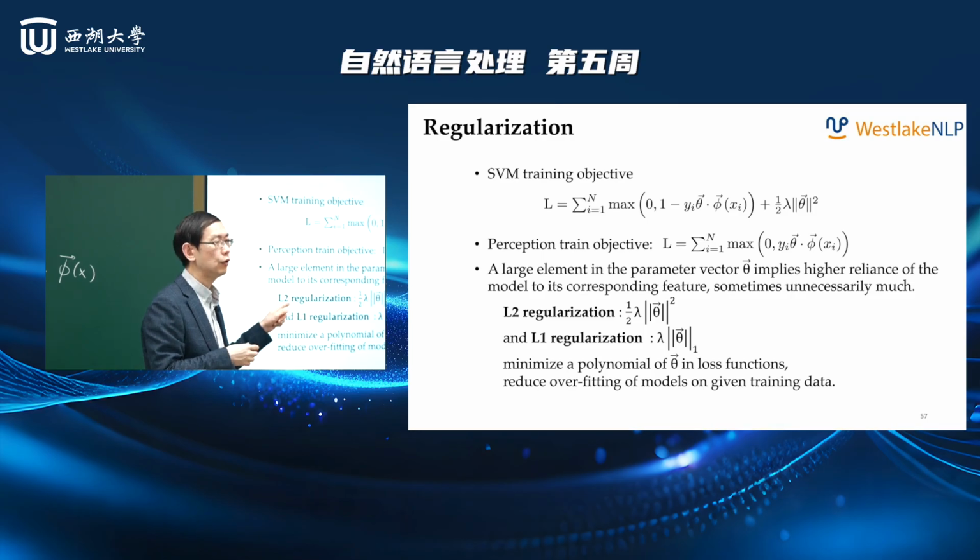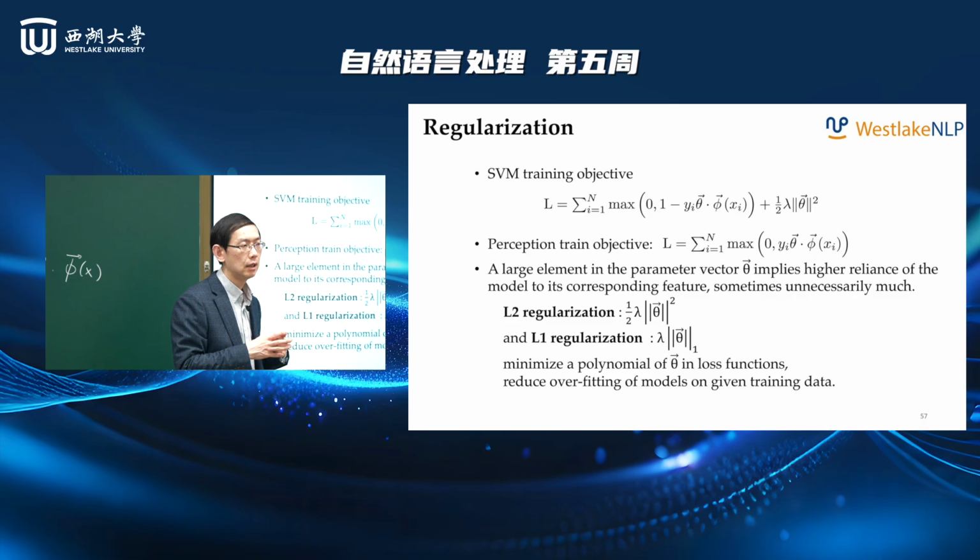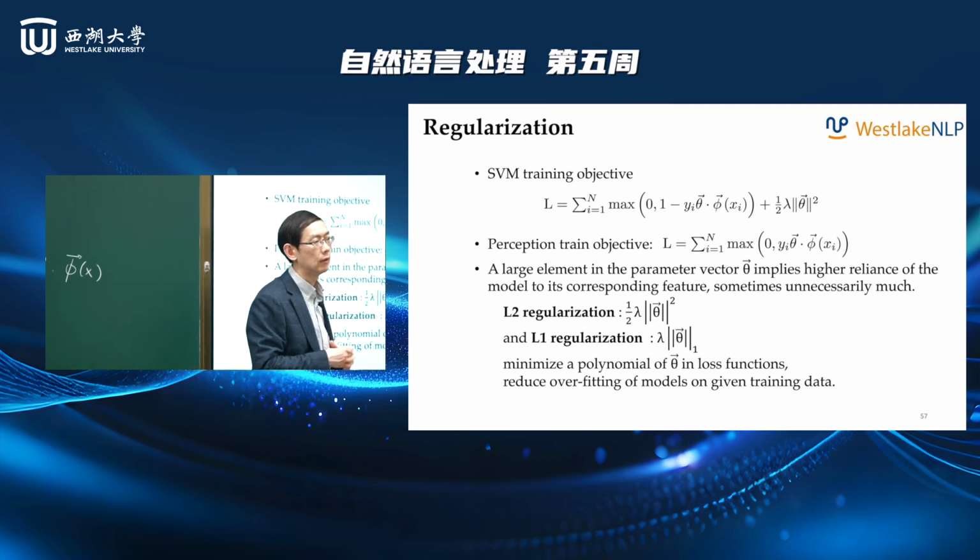But I can also give you a numerical interpretation. Suppose you have one element in theta that is as big as an elephant. Then you will result in a very high theta square, right?